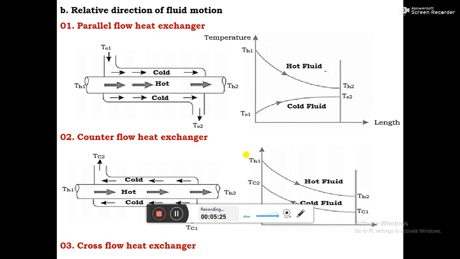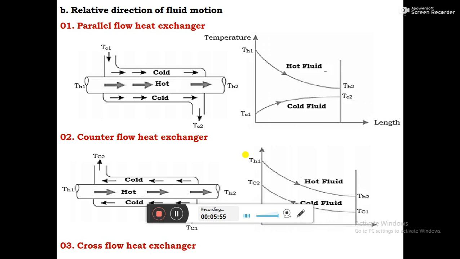The next classification of heat exchangers is based on the direction of flow of fluids. If both cold and hot fluids are flowing in the same direction, that type of heat exchanger is called a parallel flow heat exchanger. You can see in the diagram, both the hot fluid and the cold fluid are flowing in the same direction in case of parallel flow heat exchangers.